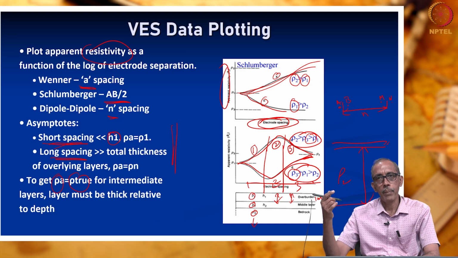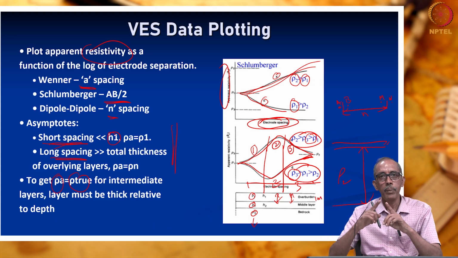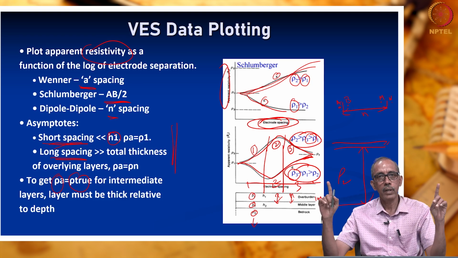In this lecture, we initially started with electrical profiling application, one application to bring out the buried channel. Then we focused our attention on vertical electrical sounding, how it is carried out in a location by progressively moving the distances between the electrodes.